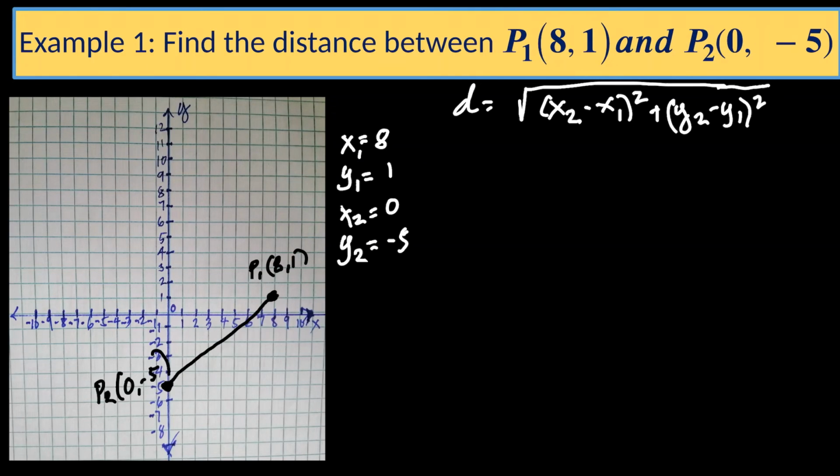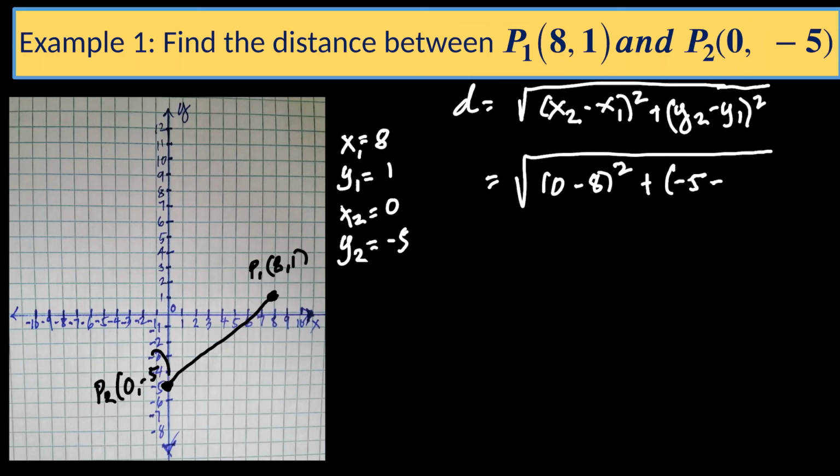So substituting these values into our formula, our x sub 2 is 0 minus 8 squared plus our y sub 2 is negative 5 minus 1 squared. Simplifying, 0 minus 8 is negative 8, and negative 8 squared is 64.